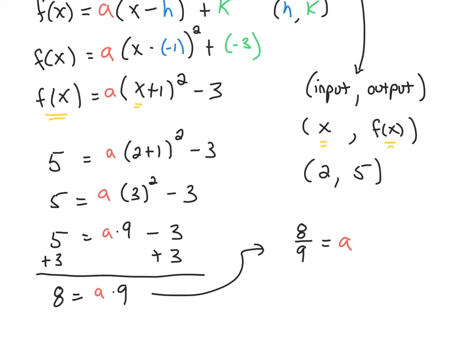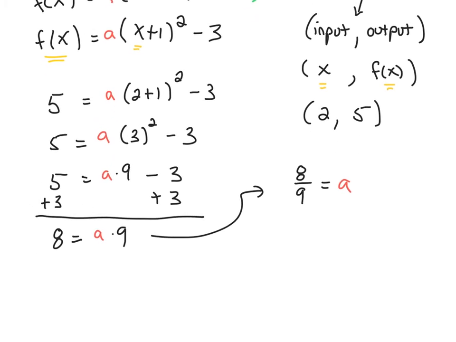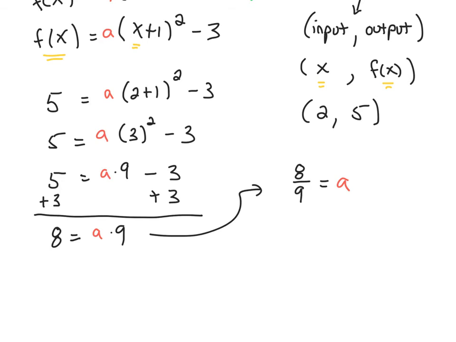So let's go ahead and leave that up at the top. And so my final equation is this here. F of x is equal to 8 over 9, that's a, times (x plus 1) squared minus 3.